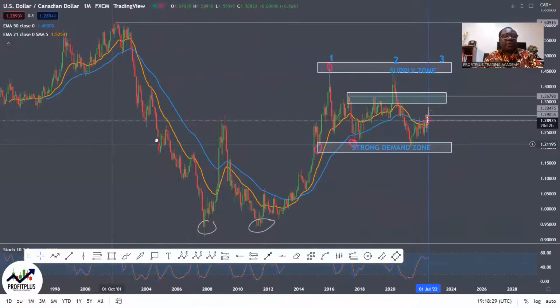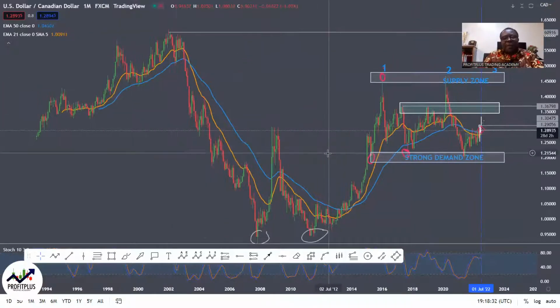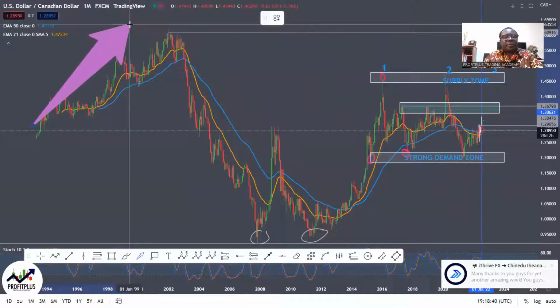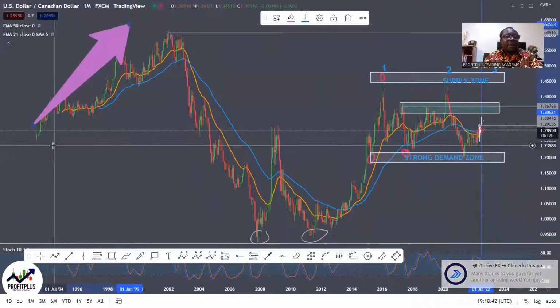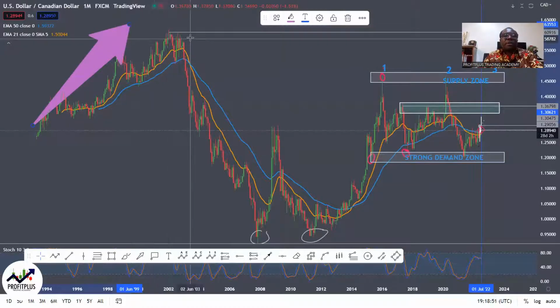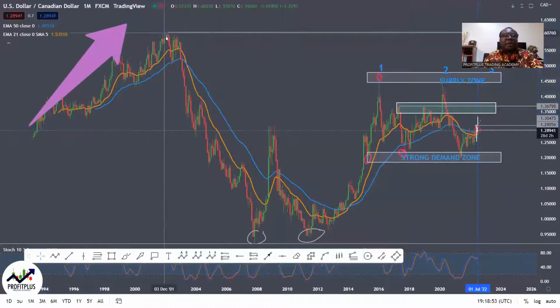So you can observe price movements. You can see the price made a bullish impulse from 1993 to around 2000, thereabout 2002, and it peaks at this level.